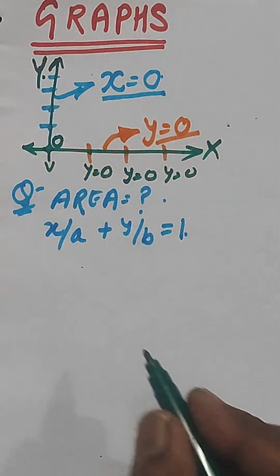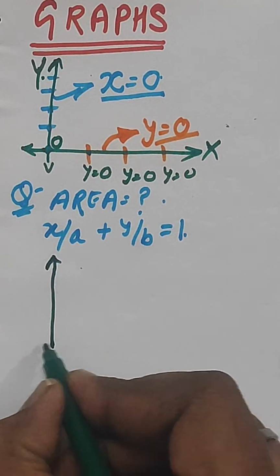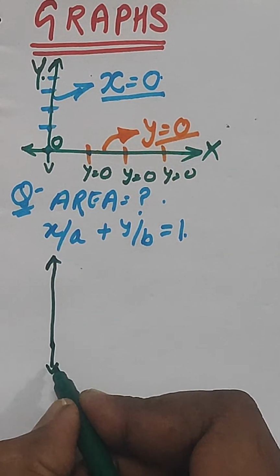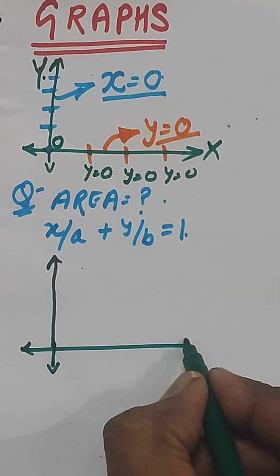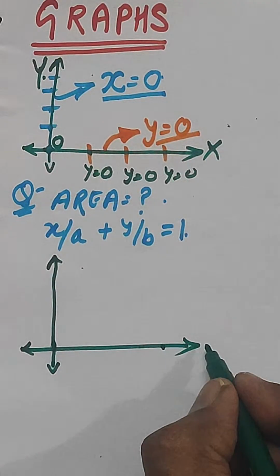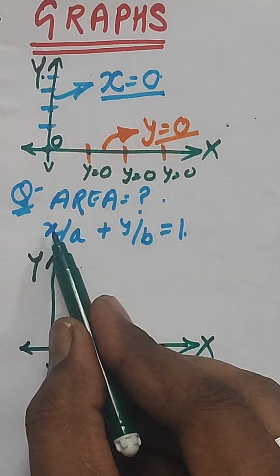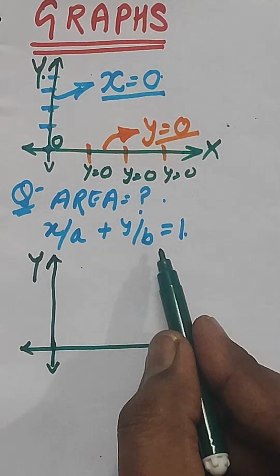So to find the area of the triangle with the coordinate axis, let us draw the graph first. You can see the coordinate axis, the x-axis and the y-axis, and the representation of x by a plus y by b equal to 1.